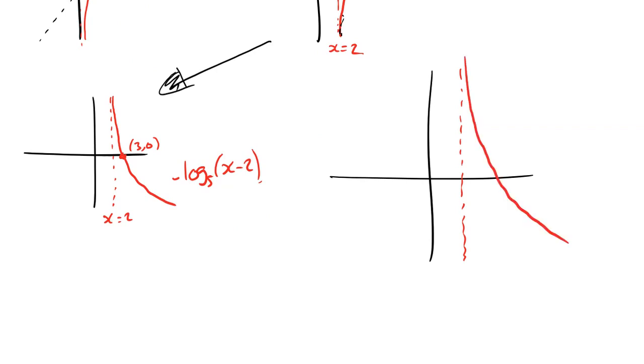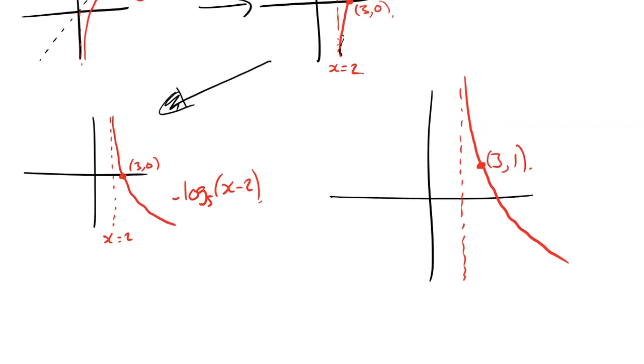We're going to be more like that, I guess. Now, I don't know where it crosses using our knowledge we've figured out at the moment, but I know that if I've moved up one place, there is going to be a point that was at 3, 0 that's now at 3, 1. So this is the function 1 minus log base 5 of x minus 2.